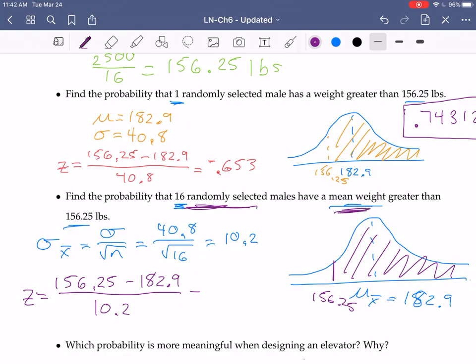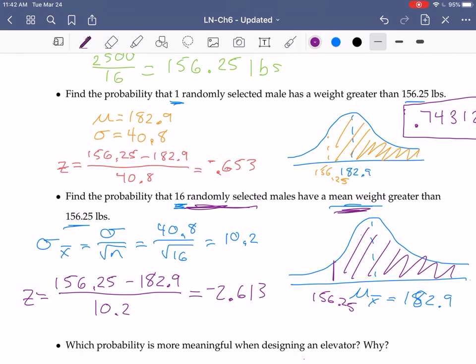So it is not the original standard deviation, but the original standard deviation divided by the square root of the sample size. And when we go through that, we end up getting a z-score of negative 2.613, approximately.